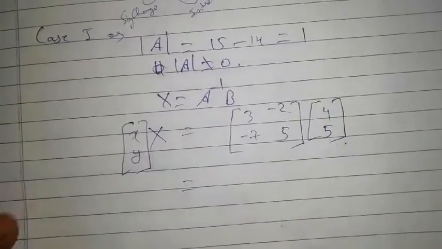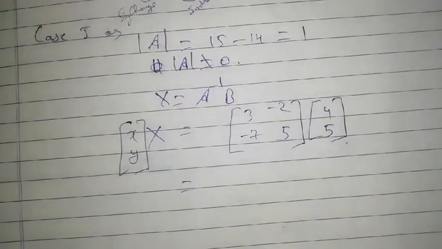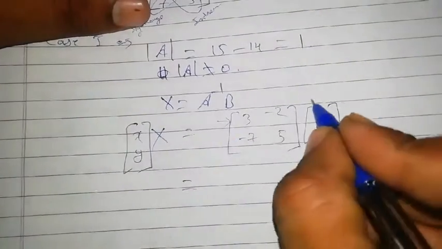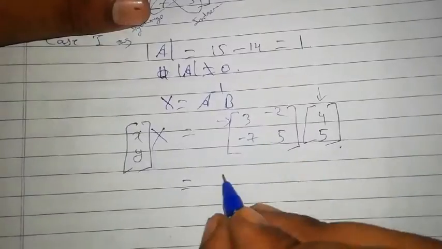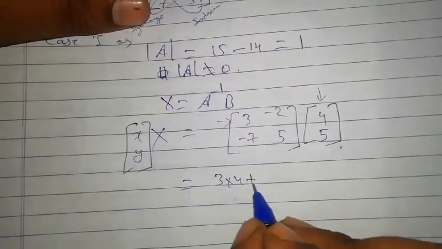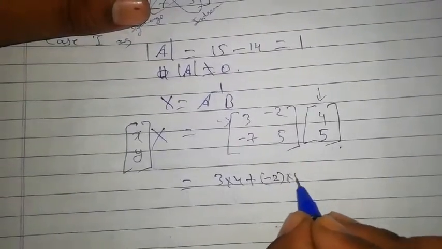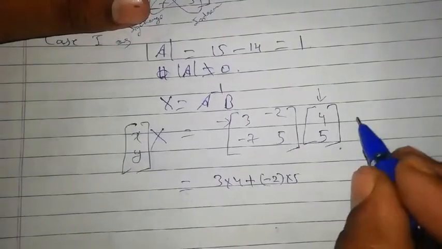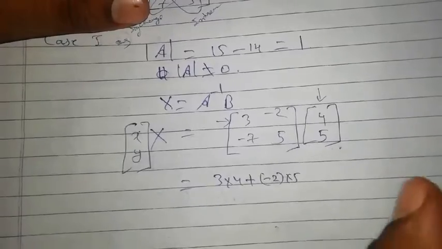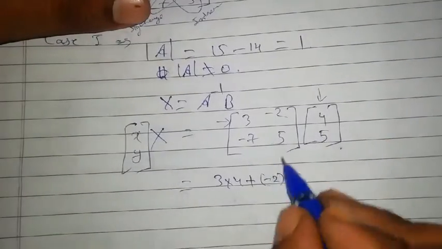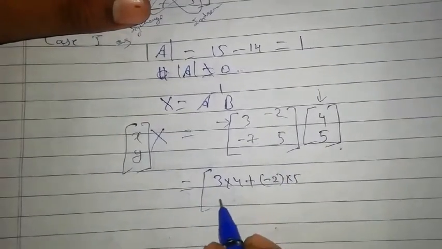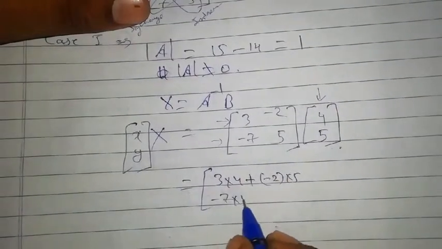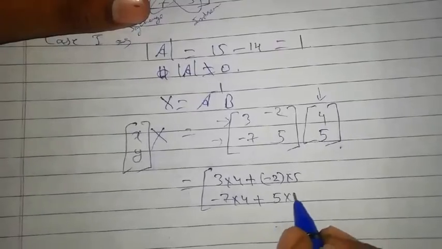Now we will multiply this matrix, and we are well familiar with how to multiply. First row to first column, so it will be 3 into 4 plus minus 2 into 5. The second element is not there because there is no second column. Now we multiply second row to first column, that is minus 7 into 4 plus 5 into 5.